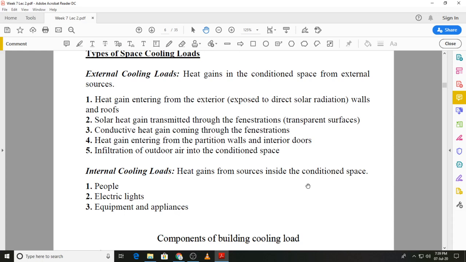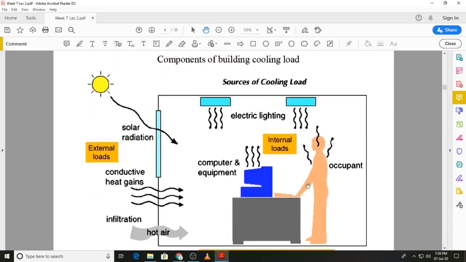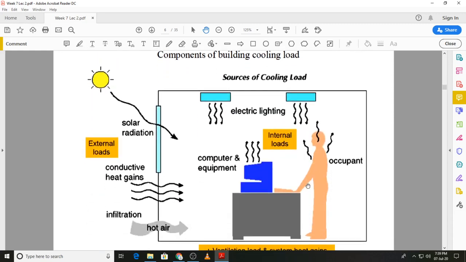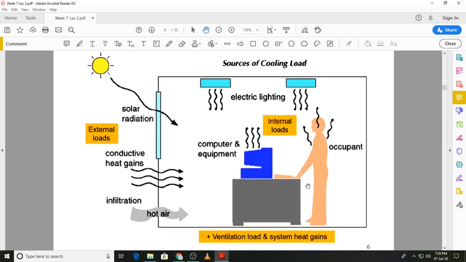And these loads are pictorially shown to us as well, and you can see over here the various loads that we had talked about. And if we just look at the bottom, there is an additional mention of another load, that is ventilation load.